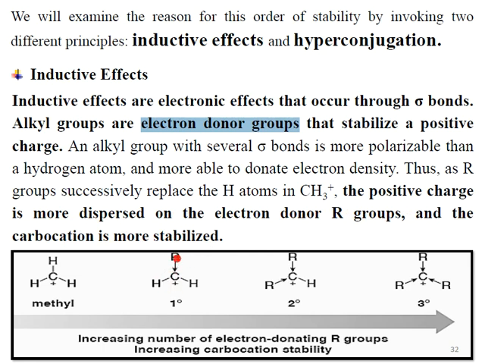Here there is no electron donation; here it donates electrons by inductive effect, so it has less positive charge, meaning more stable. Here we have two alkyl groups donating, so this is more stable. Here we have three alkyl groups donating, so it is even more stable. An increased number of electron-donating R groups increases the carbocation stability.